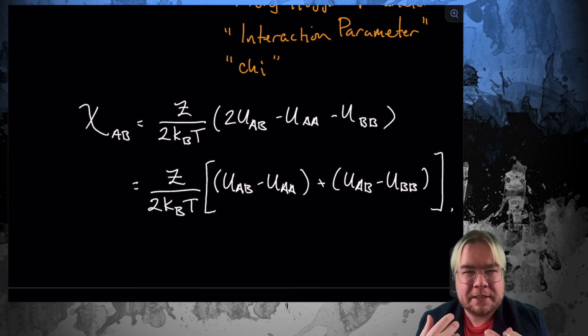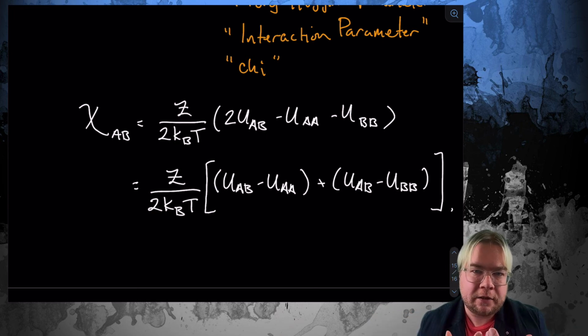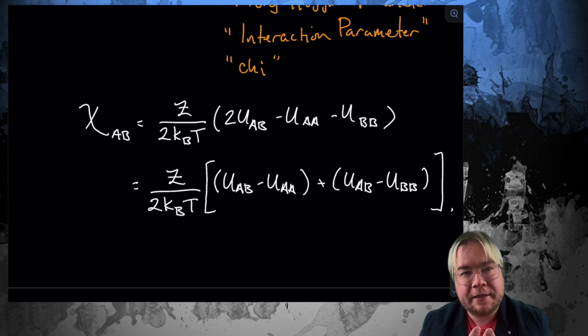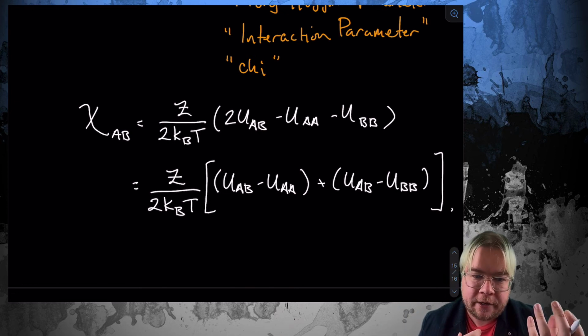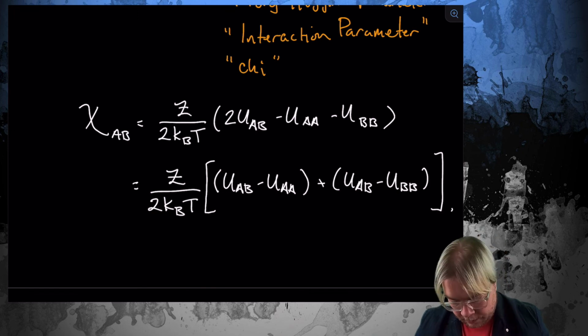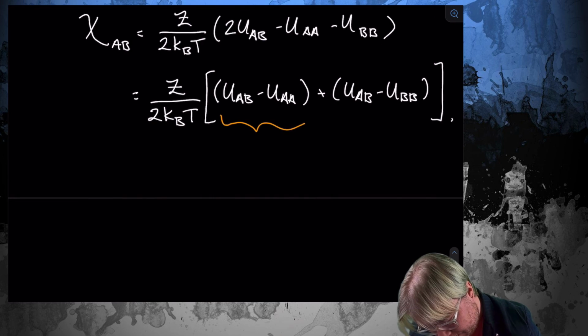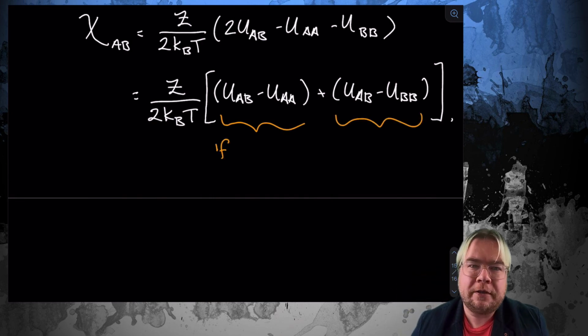So when I write it this way, maybe it's clearer to see that what this Flory-Huggins parameter is telling us is the difference in the strengths between having the particles isolated by themselves and having them in contact with each other. So what is the difference between UAB when they're together and UAA if they were just by themselves and segregated from each other? So maybe now you can see what I mean, because for these terms, if there are no preferential interactions, then again, everybody has the same interaction strength.